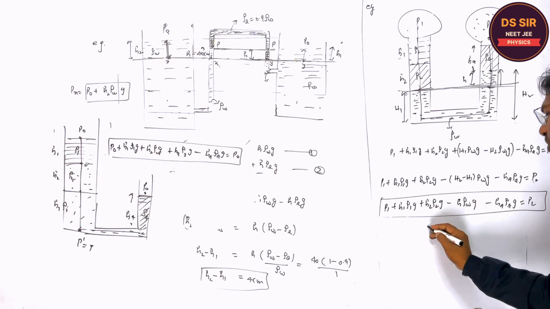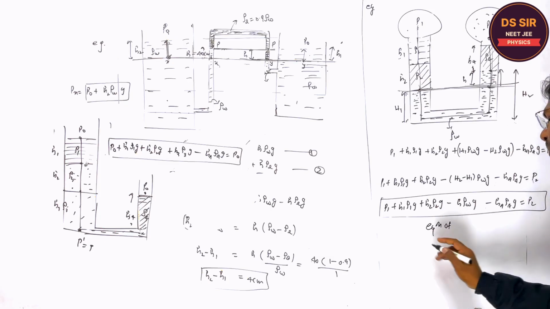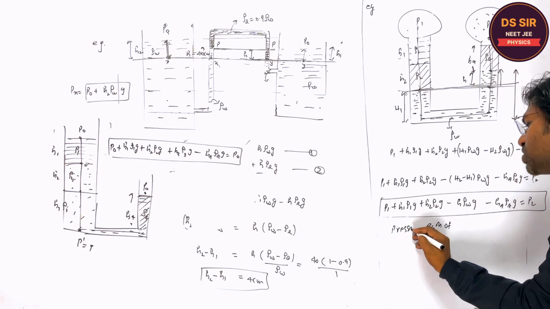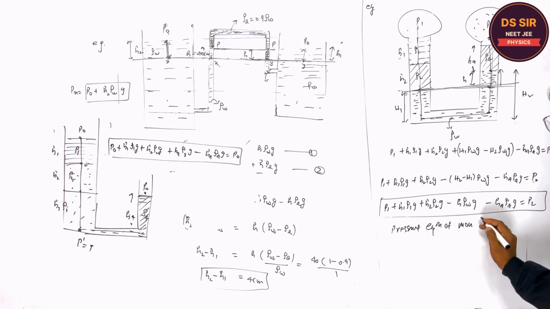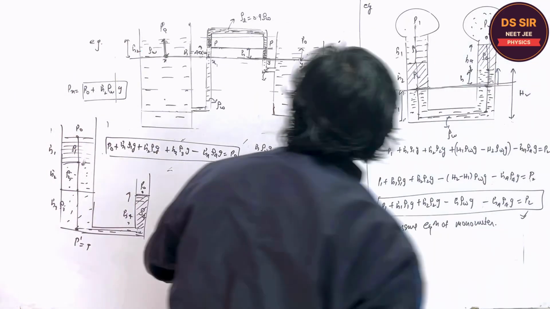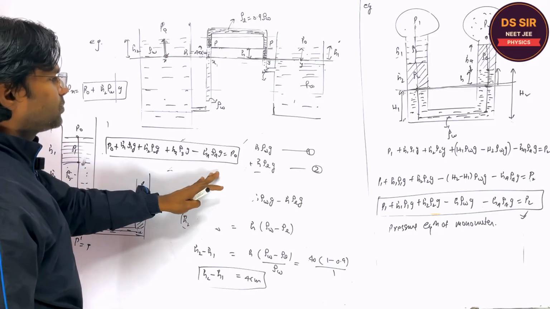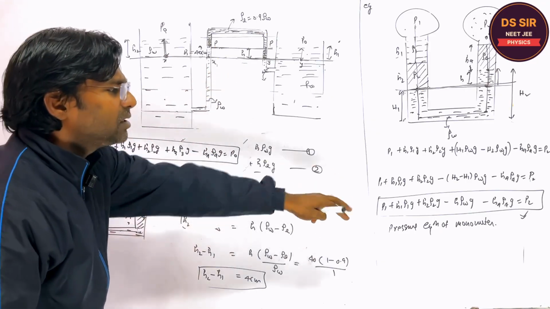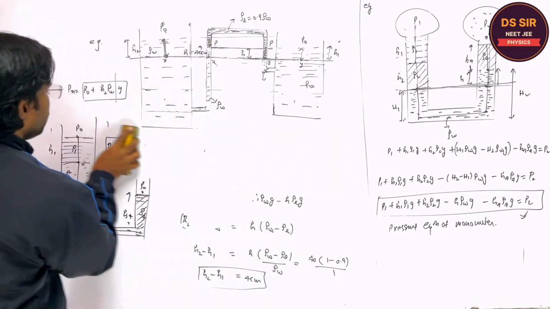So this is the pressure equation of manometer, right? This is the answer. So you can write this, or you may write also this, right? Copy this. Okay, so I will do this question by writing the manometric pressure equation.